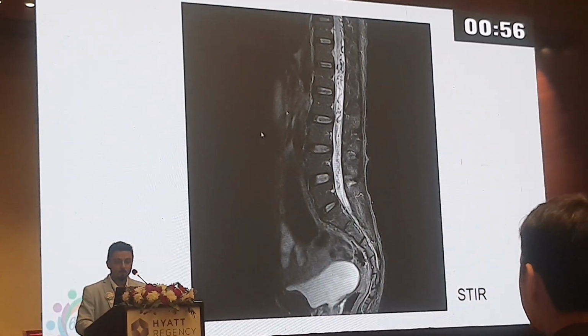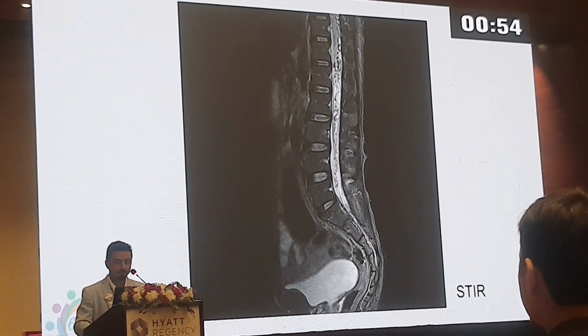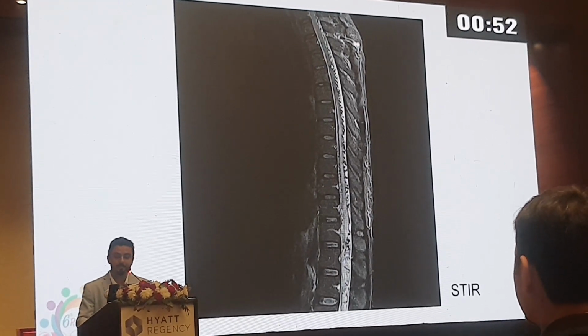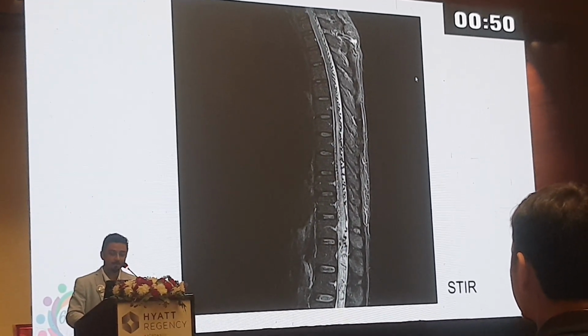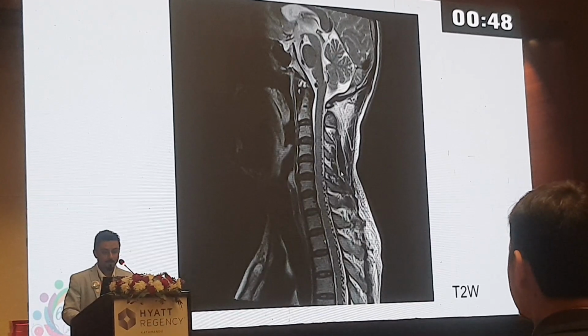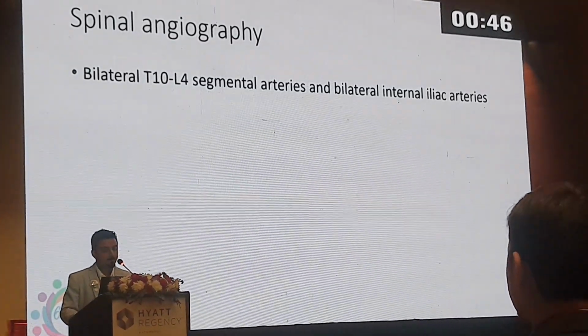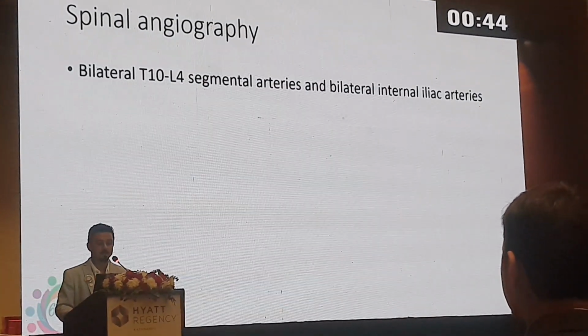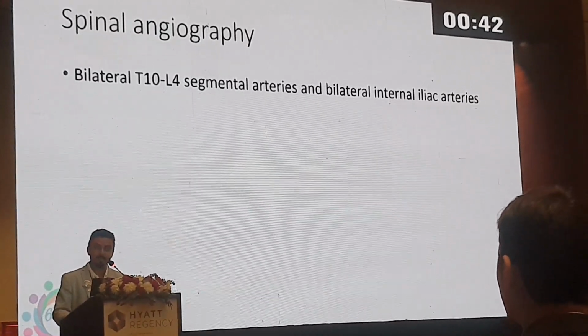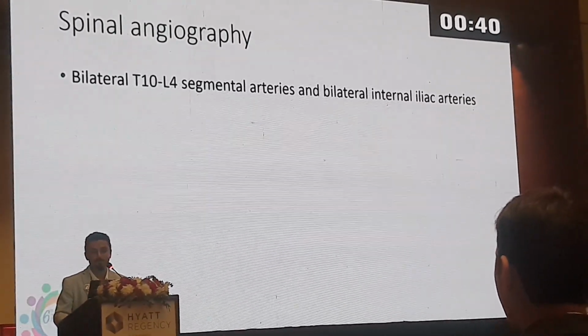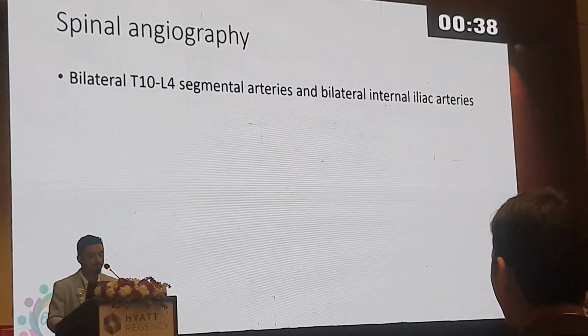We suspected a shunt here. Obviously, there is a dilated channel that's supporting it. Bilateral T10 to L4 segmental arteries and bilateral internal iliac arteries were studied. This is what we always need to check, the internal iliacs.